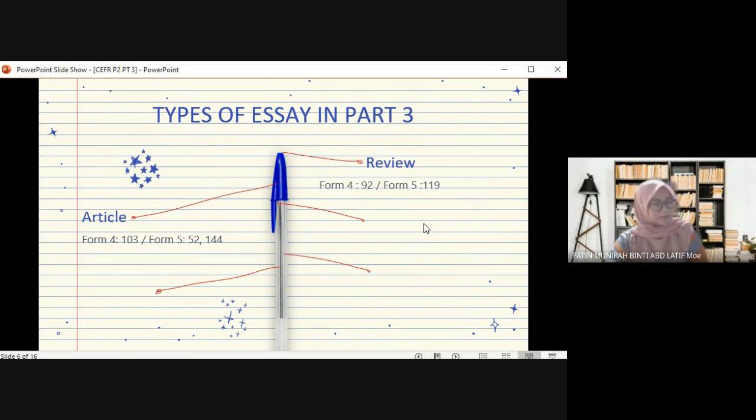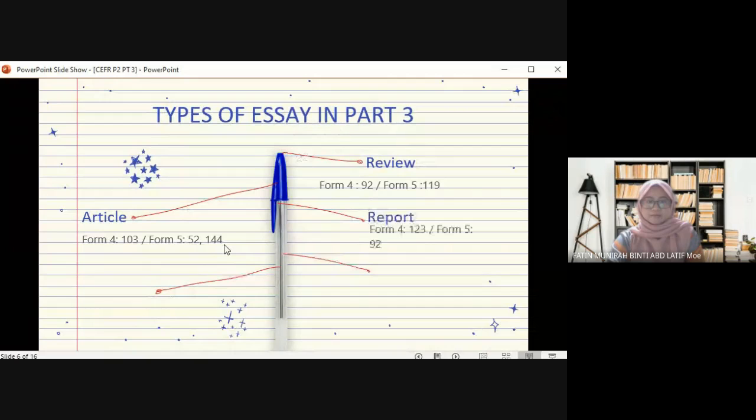If I'm not mistaken, satu tu macam mana nak buat introduction, and then the 144 tu how to write the whole essay. Okay, for form 5 you have 2 pages, ada 2 muka surat ataupun 2 bab, 2 unit yang bincangkan pasal artikel, which is 52 and 144.